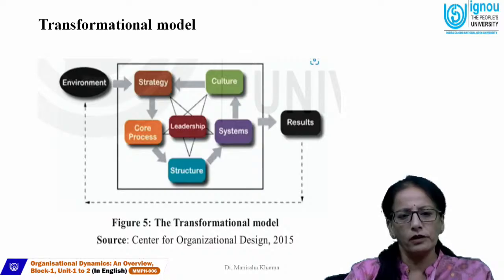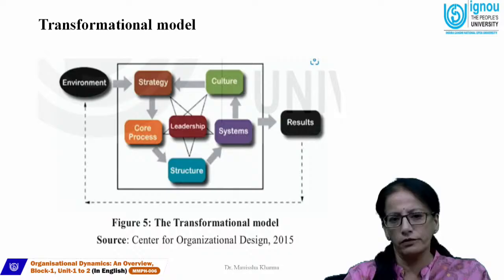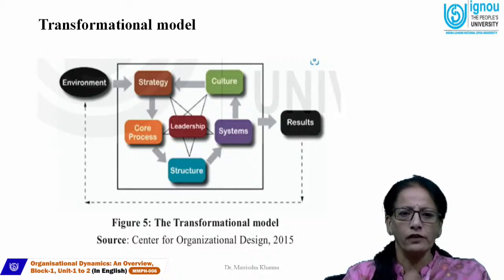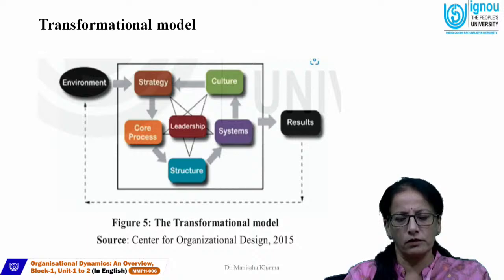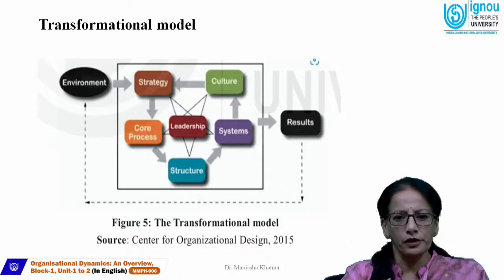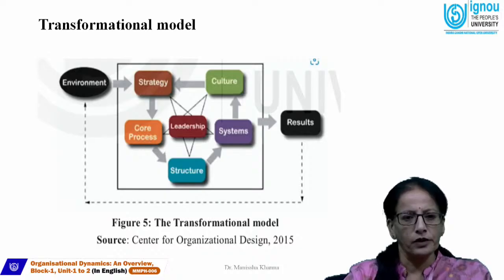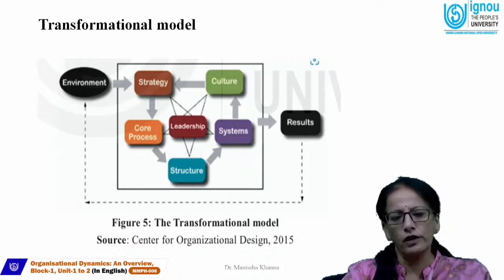Transformational model directly relates how the environmental factors relate with the results. So every factor has some results on that, where there are certain elements which were given in the previous model, Weisbord's 6 box model, which is within an organization, whereas the environment refers to the outside environment.